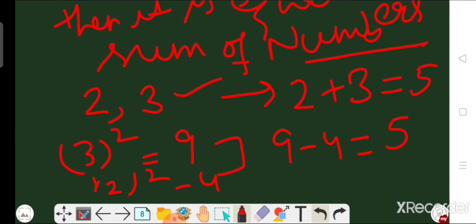So from here we can say, beta, the difference of squares of two consecutive numbers is equal to the sum of the numbers. Consecutive numbers are those which come one after another, or you can say the successor of each one is another. Two consecutive numbers are those in which one is the successor of the other. In this, 3 is the successor of 2. Clear?